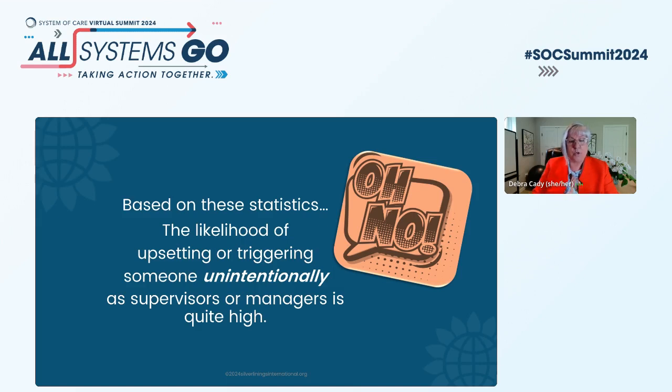And so when we think about going about our day and doing supervisory tasks, the idea that we may unintentionally trigger or upset somebody as a result of doing our jobs, right? It's pretty high. And I know none of us, if you're in this workshop, wants to create that scenario, and I want to be able to feel more confident in those situations.